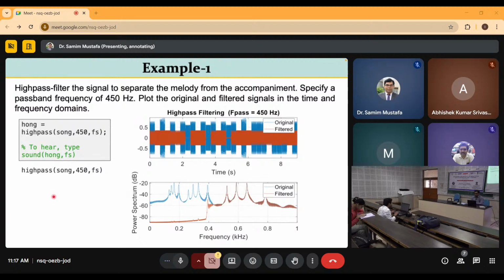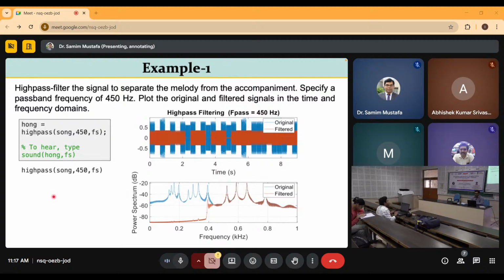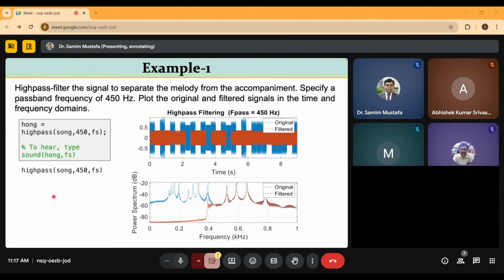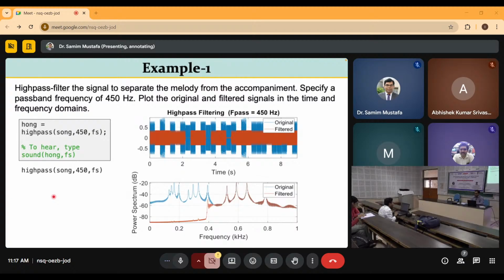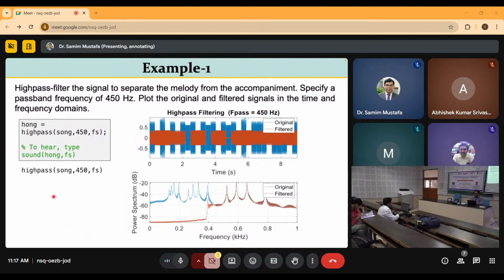So how is this relevant to you? Suppose, as I said, I have to eliminate the dynamic component from the static component. Dynamic component means it is due to the natural vibration of the bridge. The bridge is vibrating, that's why the dynamic response is produced. Or as a whole, bridge and vehicle are vibrating.